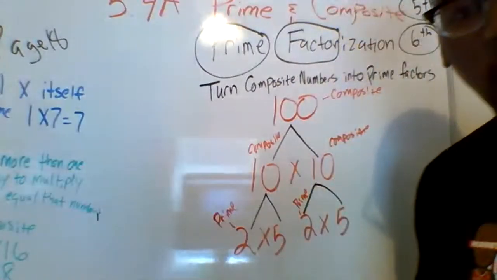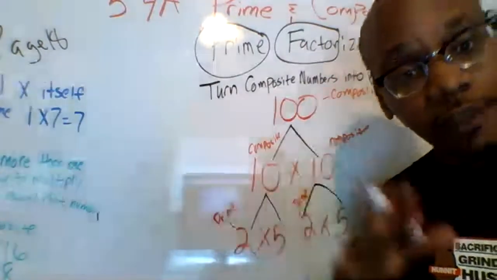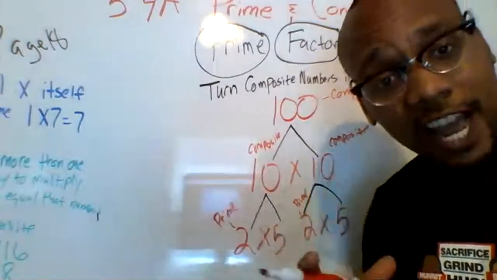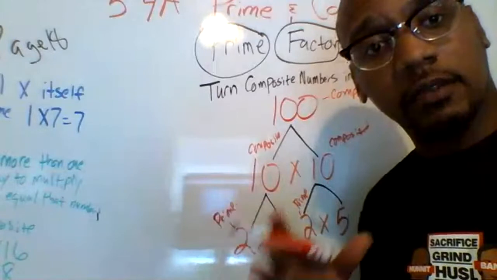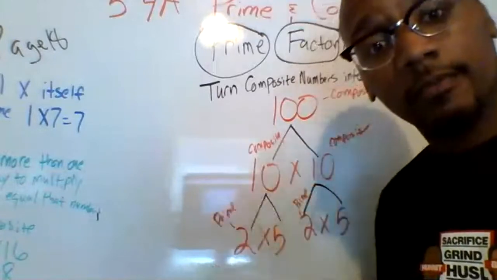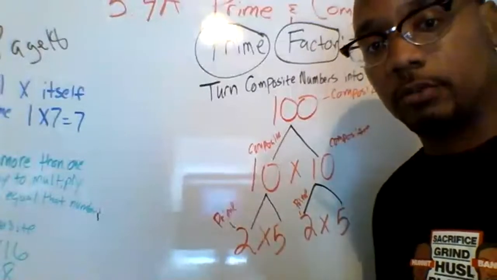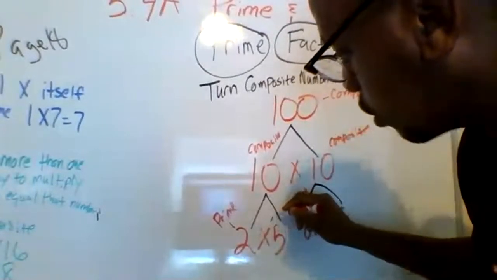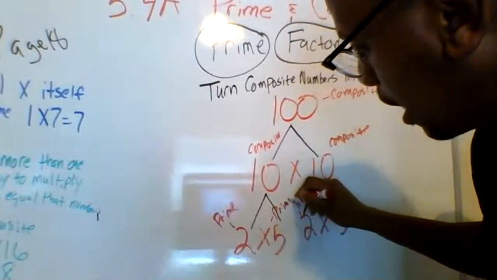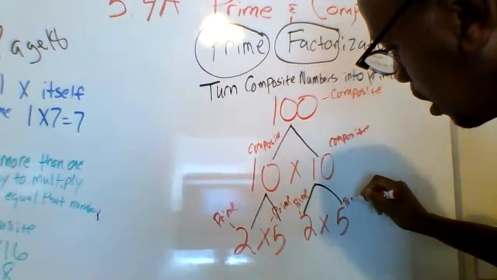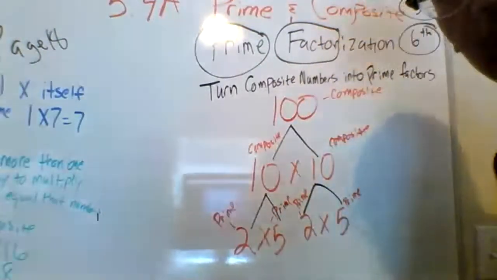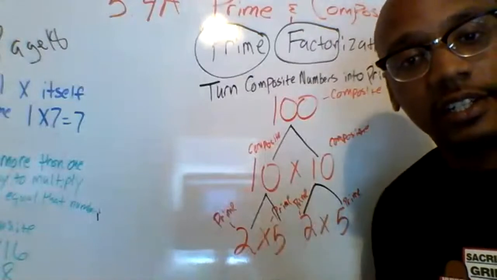Right? And what type of number is 5? Well, 5 is also prime because 5 times 1 is 5. That's the only way you can multiply to get 5 when you're talking about whole numbers. So 5 is also prime. Now you are done.